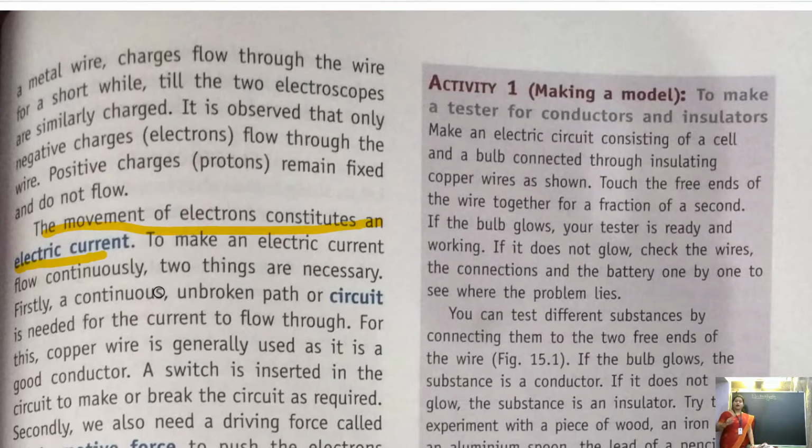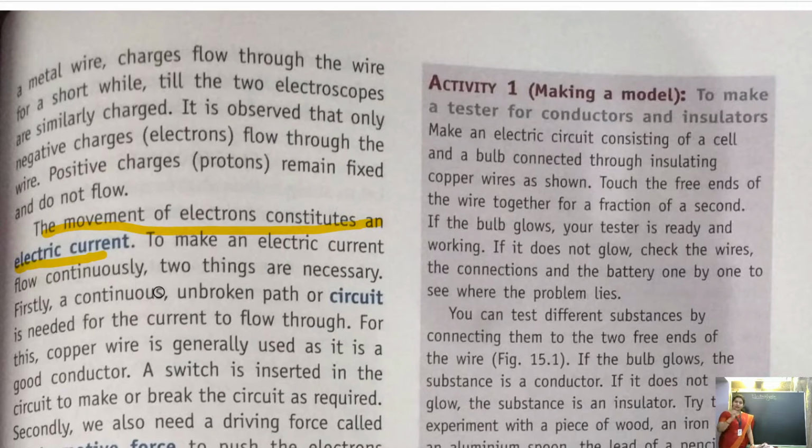And for an electric current to flow, we require certain components. Like we require electric wire, we require a battery or a cell, we require a complete circuit, a switch and a bulb. All these things are the components which are required for electric current to flow.